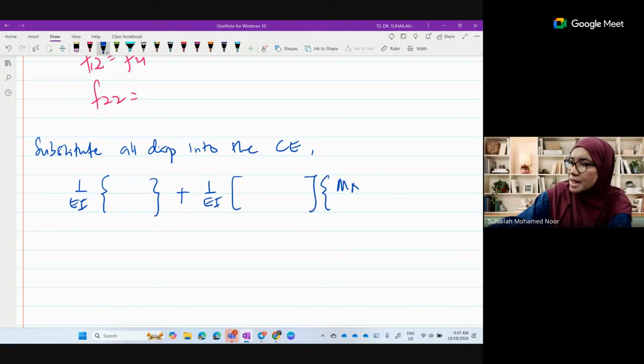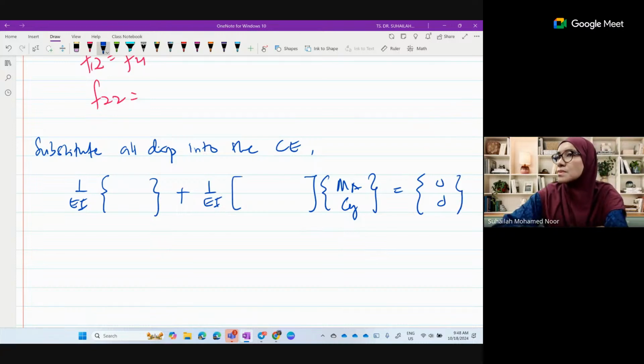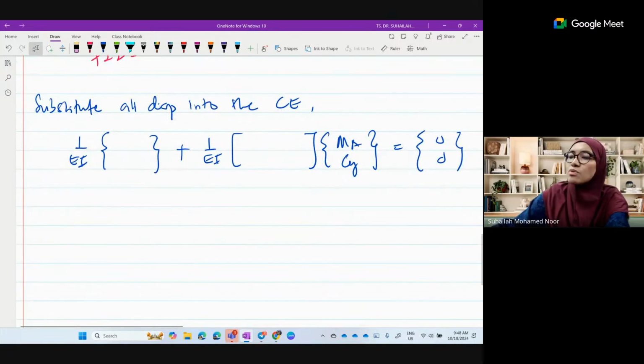Sini MA, sini B, Y, B ke C ke? CY. Okay, sini C, Y, 0. Okay. So, lepas ni dah boleh solve lah. Macam mana nak solve. Normally, yang kita nak cari yang ni kan.